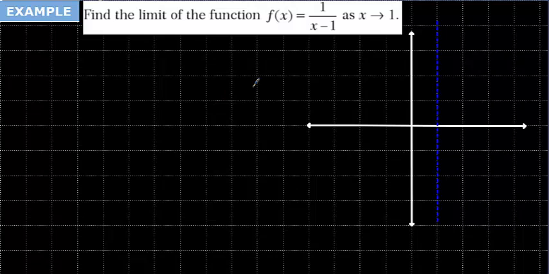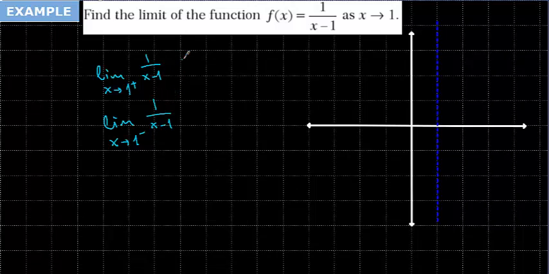If we find the limit of this function, here it says find the limit of the function, limit x tends to 1 from the positive side, and limit x tends to 1 from the negative side we have to find, and the function f(x) is equal to 1 over x minus 1. For this kind of questions also we can use the 1 plus h method.